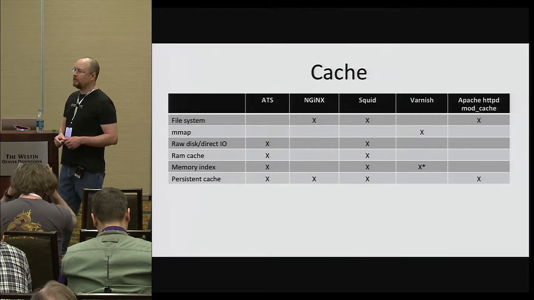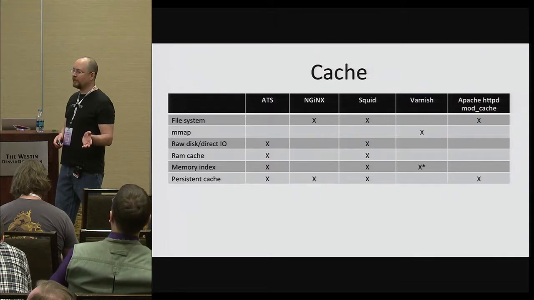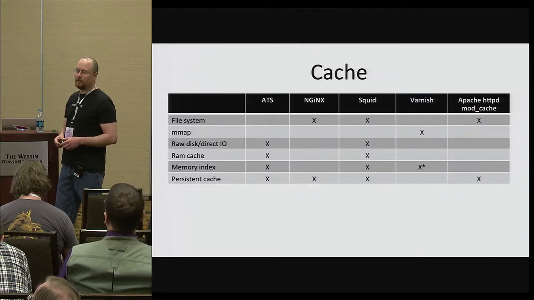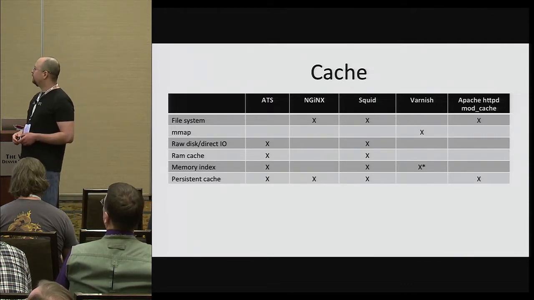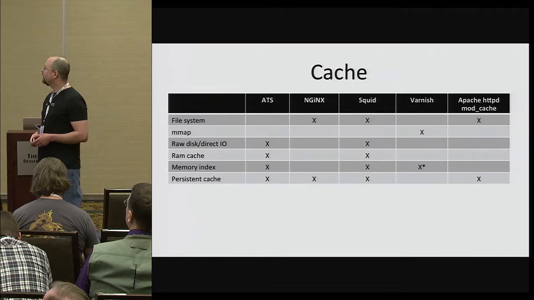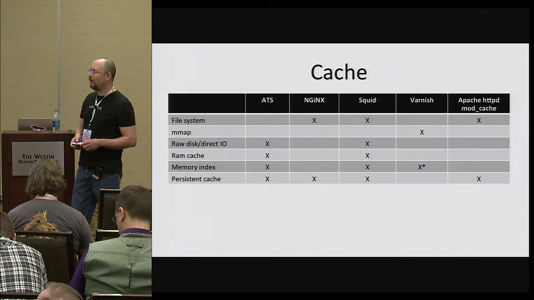Varnish, it's just an mmap, so it's not really that sophisticated. It's not persistent by default. They do have an experimental cache that's persistent, but experimental, and I've heard it doesn't perform very well. And because it's an mmap, you basically have an in-memory index of all the objects.